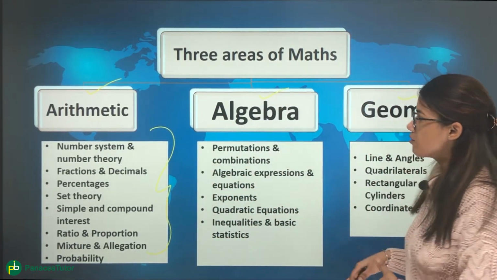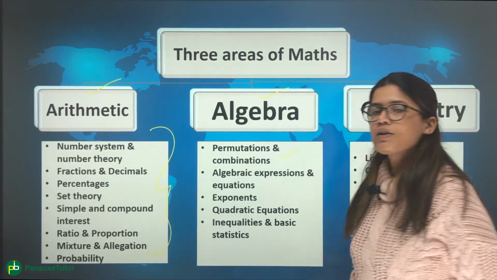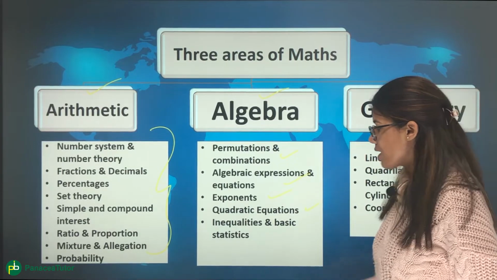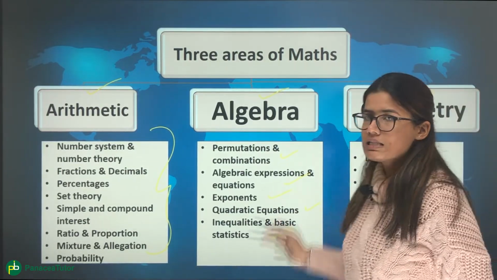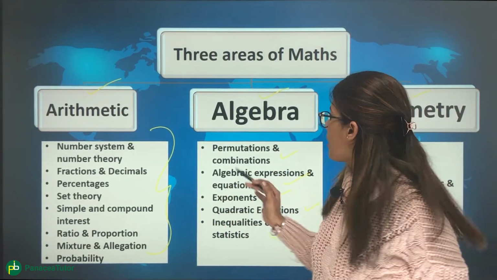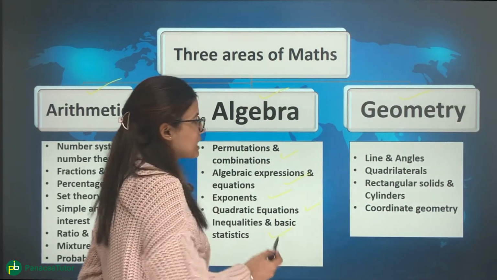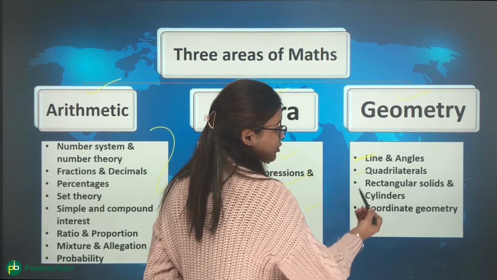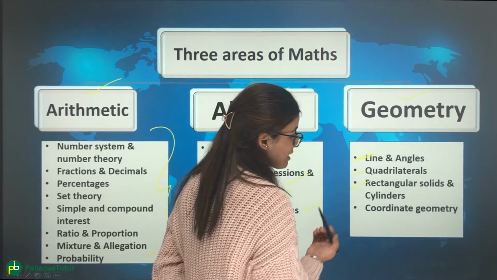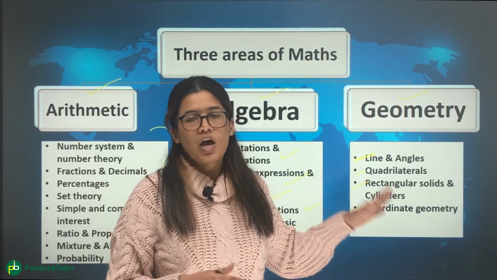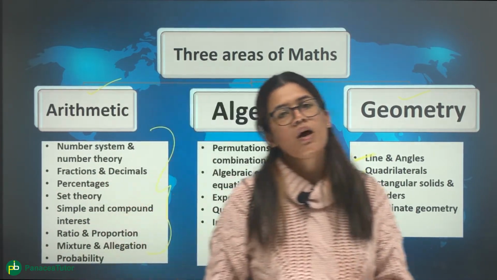In algebra, permutation and combinations, algebraic expressions, exponents, quadratic equations and inequalities are the chapters that come. And at last, in the geometry part, lines and angles, quadrilaterals, rectangles, solids and cylinders, and coordinate geometry are the important chapters.